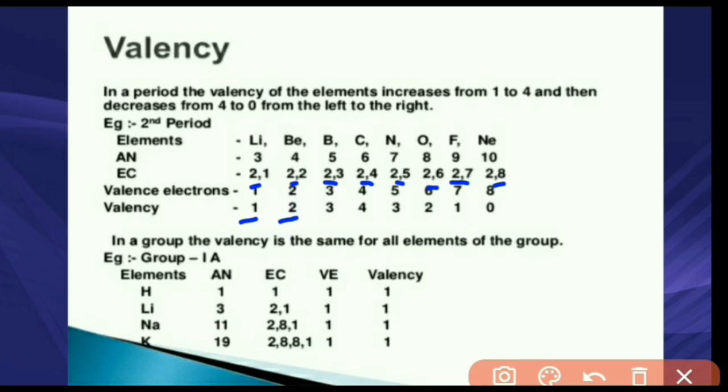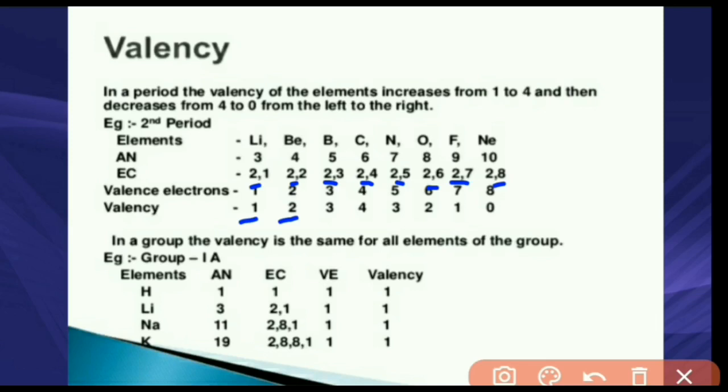An octet is not possible for these two elements because they have fewer than 8 electrons, so the stable configuration of helium is acquired by losing 1 electron for lithium, or 2 electrons for beryllium.